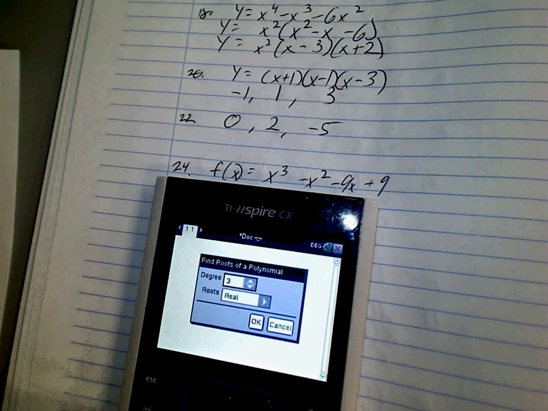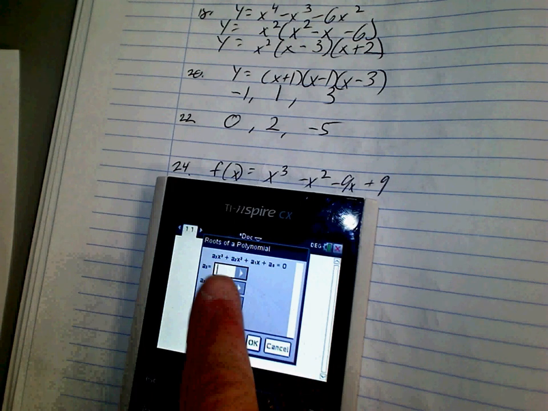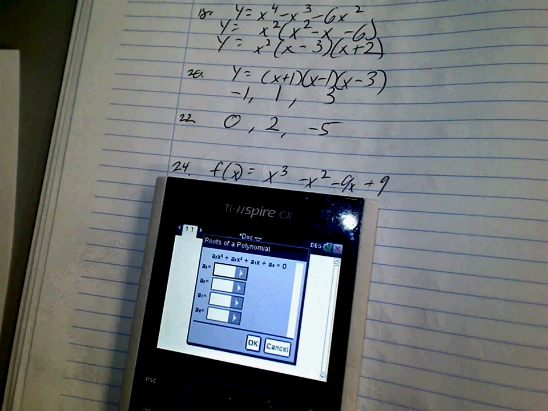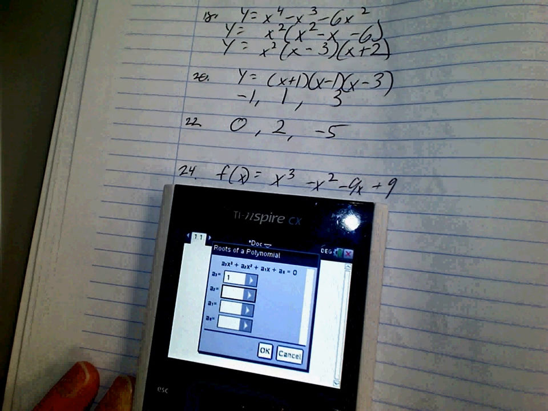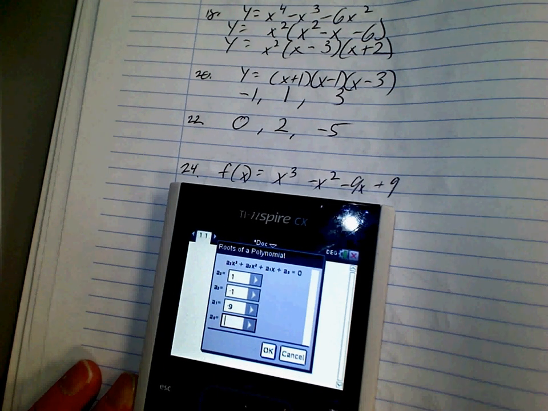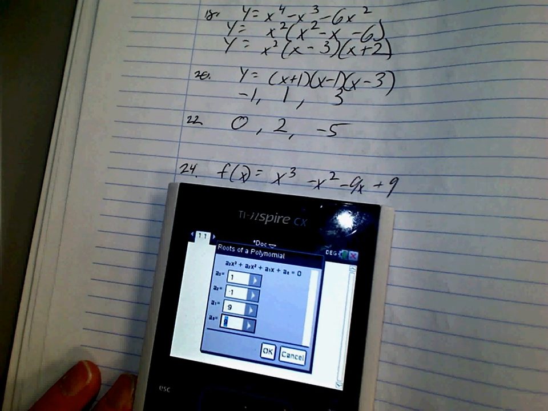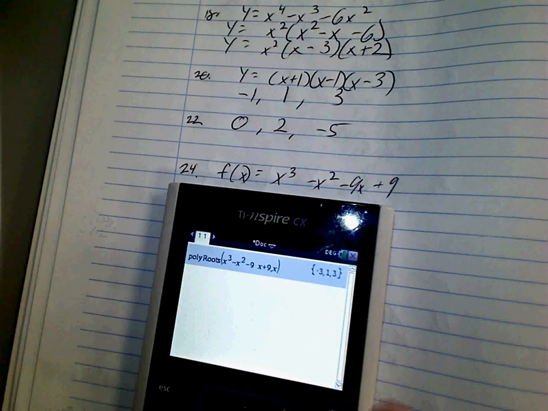All right, if you look here, it's asking for the coefficients. We got a 1, a negative 1, a negative 9, and a 9. And it tells me there are these zeros: negative 3, 1, and 3.